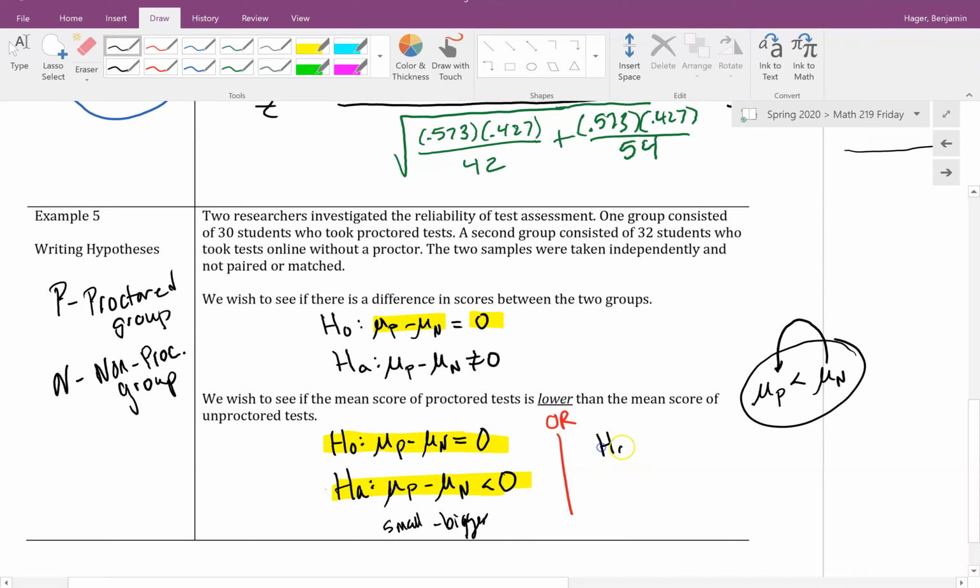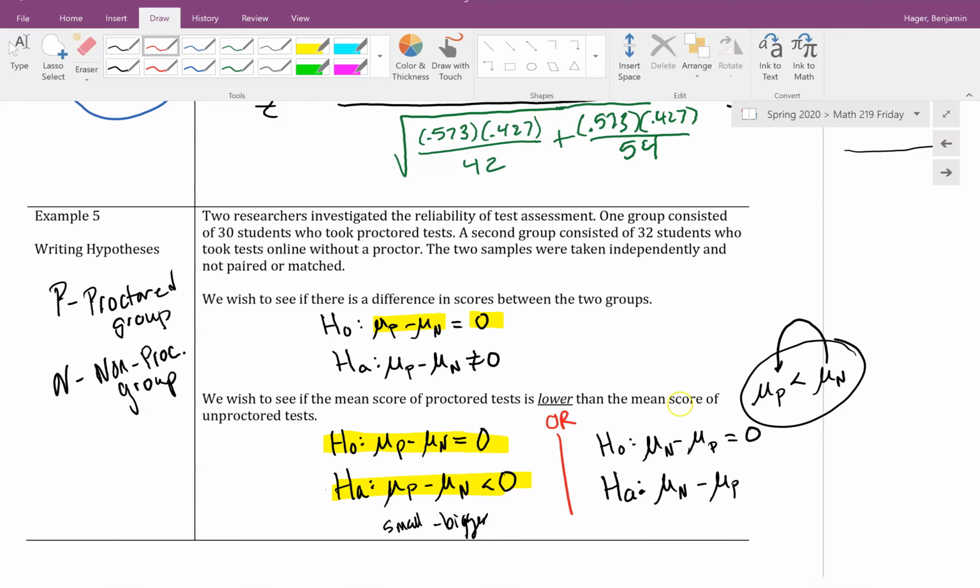However, what if I would have written them the other way? The non-proctored first, and then the proctored. The null would be that they're 0, that their difference is 0. There is no difference. And the alternative, if I were to write it this way, okay, oops, not equals. So let's think about this for a second.